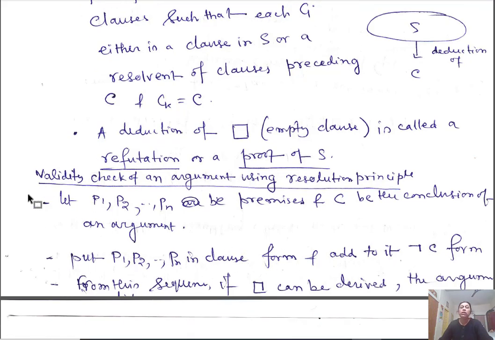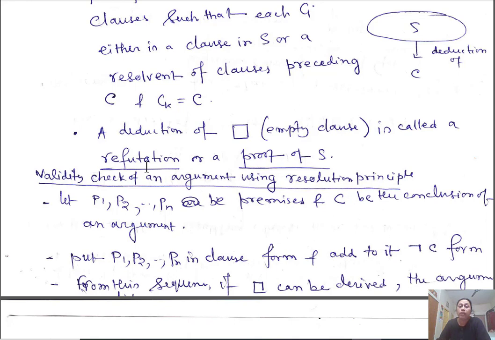Each of these propositions you have to write as a disjunction. If it is an implication, you write it as a disjunction. Then add to it, following it, the negation of C.